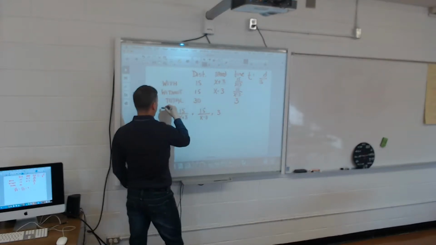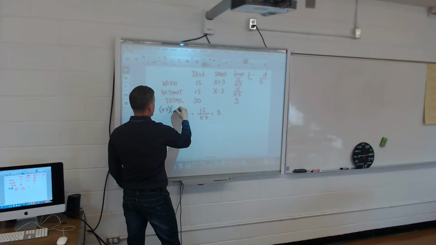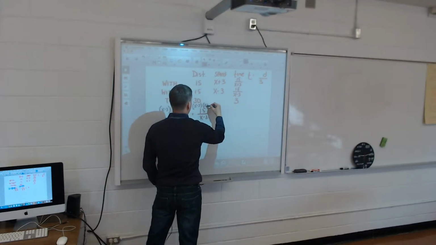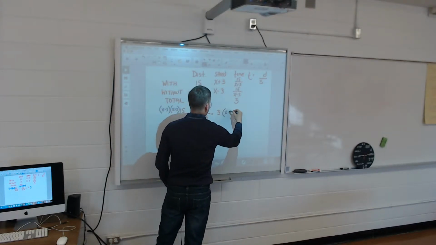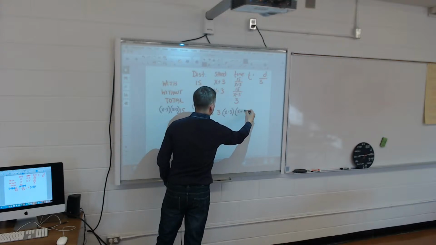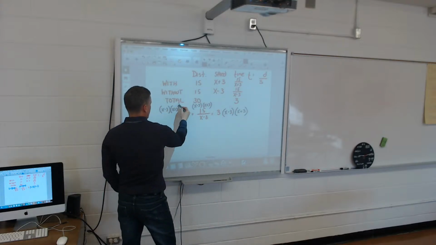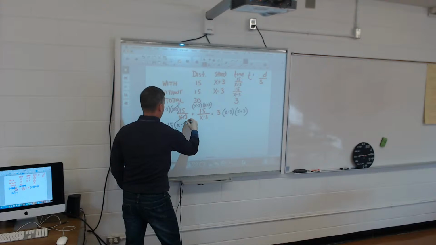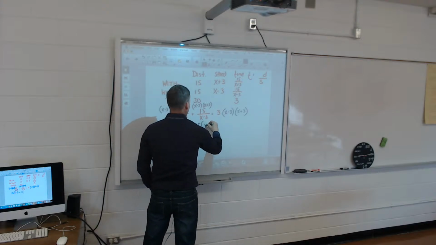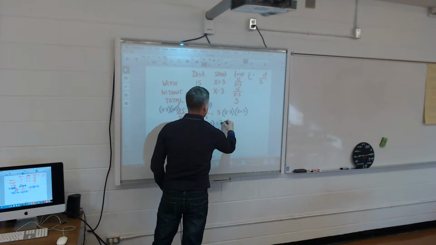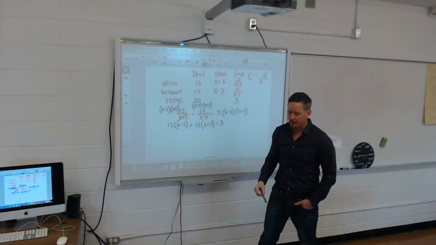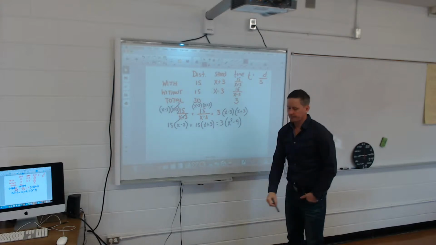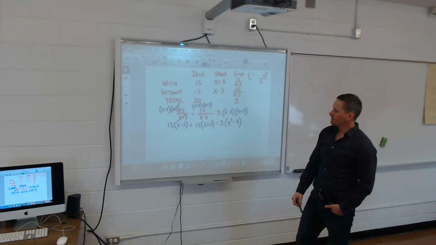So I'm going to times each one by x minus 3, x plus 3. Cancel where I can, so I have 15 times x minus 3 plus 15 times x add 3 equals 3 times, I keep going on the wrong side here, sorry, 3 times x squared minus 9. Get rid of all my brackets.